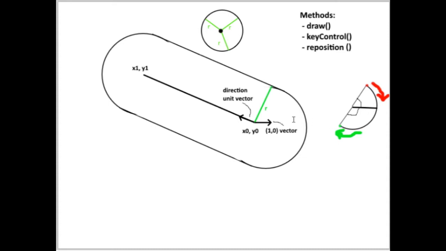And what I could do is calculate the angle between this (1, 0) unit vector and the line segment's unit vector using the dot product, and then add pi per 2 to that, which is a right angle. And I could set that angle as the starting angle for drawing the half circle.